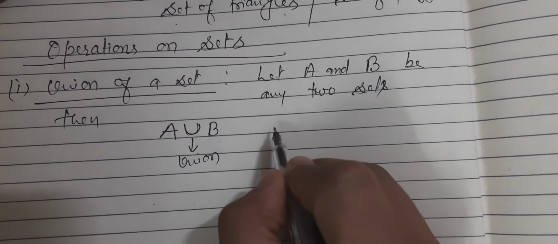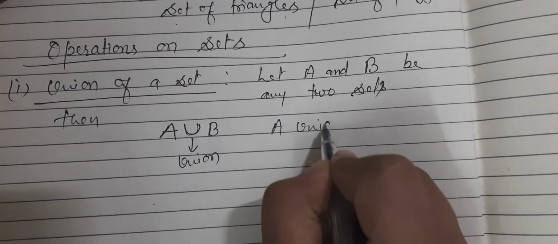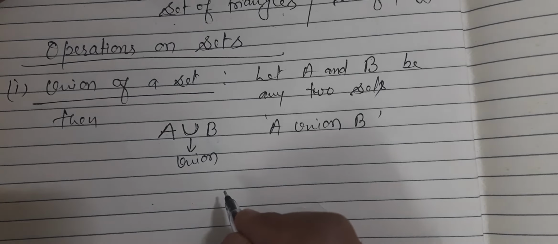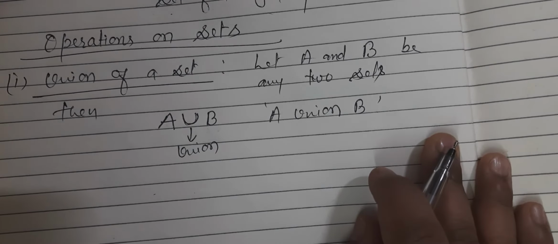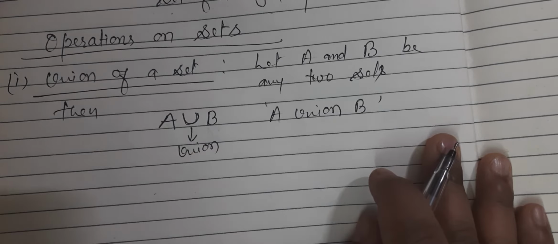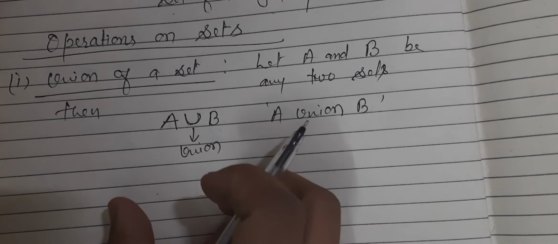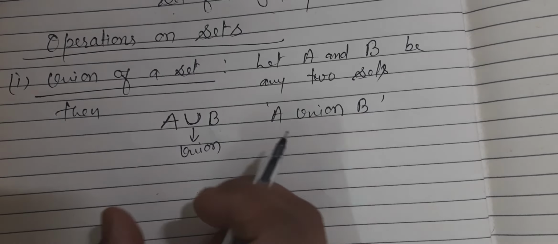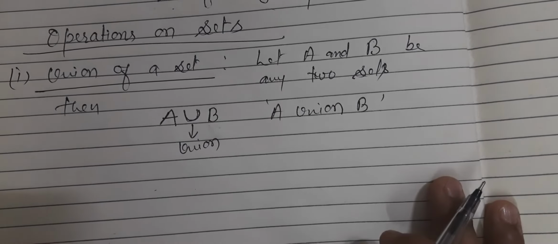This is the symbol for the union of two sets, and we read it as A union B. The union of A and B is the set which consists of all the elements of set A and all the elements of set B.